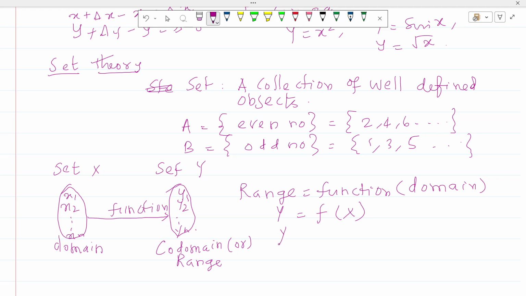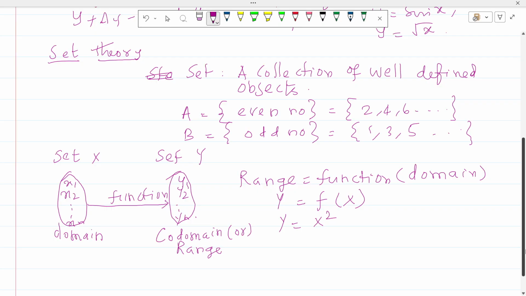For example, simply I can explain, y equal to x square is there, or y equal to x is there. No need to go for a very complicated function. Just y equal to x. Then how can we draw the graph for this?